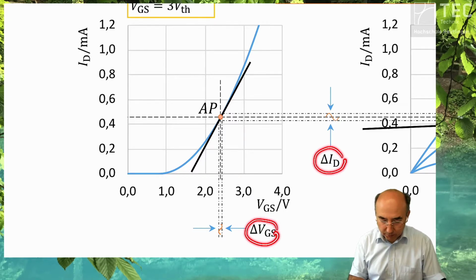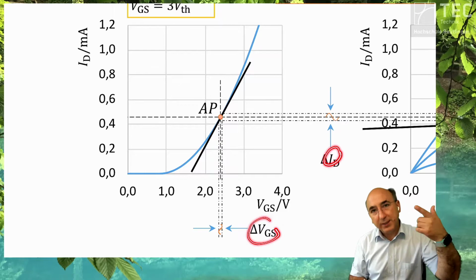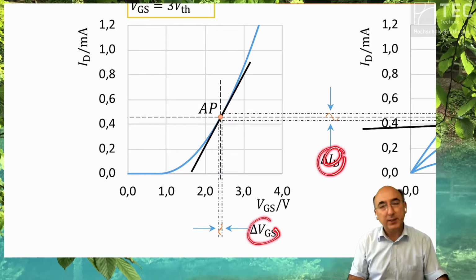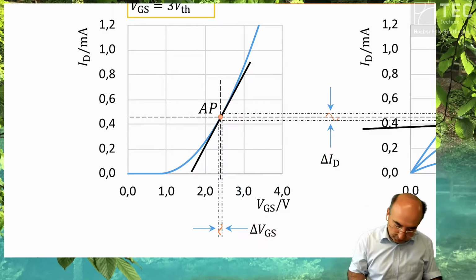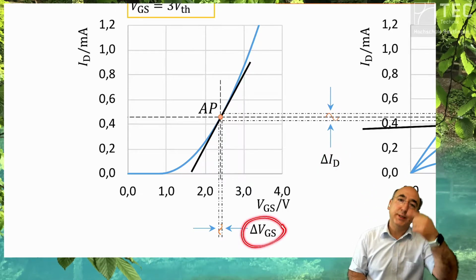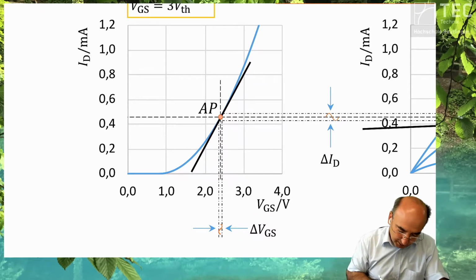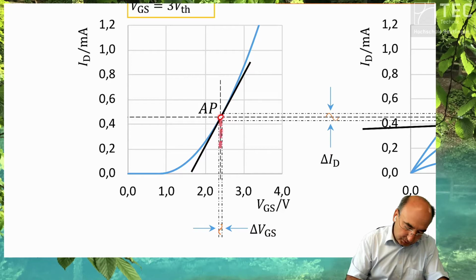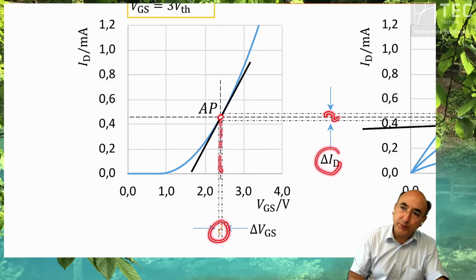So the conductance is current to voltage, and the transconductance is the current at the drain as a function of the voltage at the gate. So this most important graph says you sit at a certain bias point, you apply a signal, you get a current response.